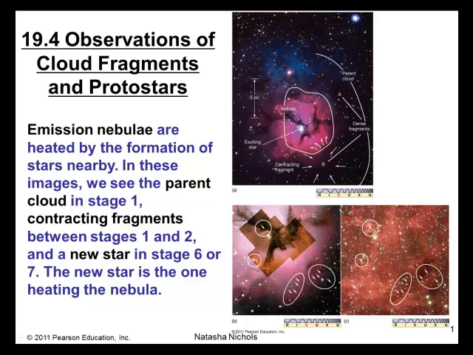It's especially dense knots of dusty matter. And if you take a look at frame C, we see an infrared image of the same scene, and it's revealing cores thought to be stellar embryos. So the beginning of stellar formation.